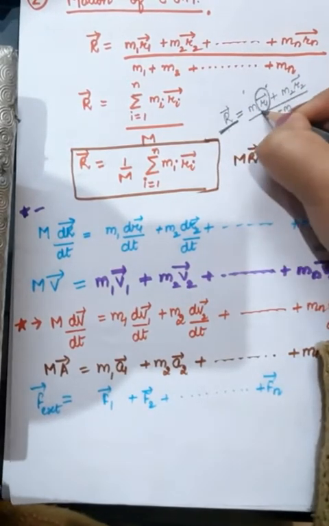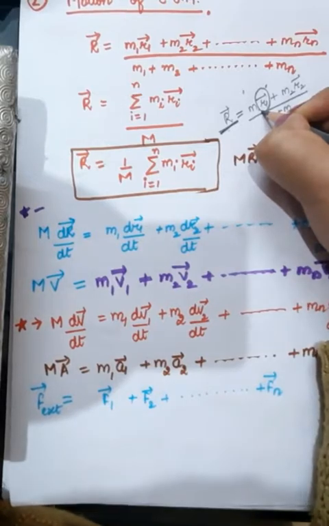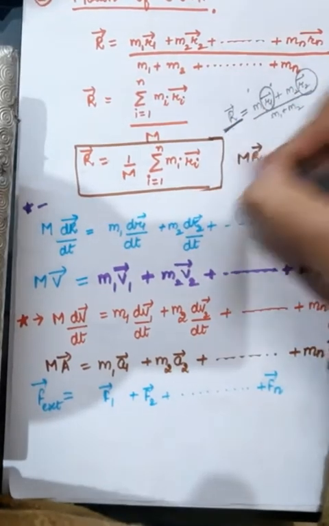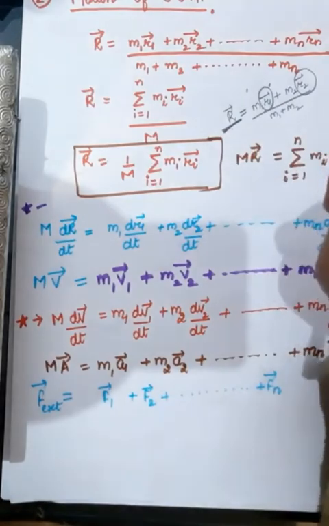This is the vectorial distance of particle A from the origin, and this is the vectorial distance of particle B from the origin. Okay, so this was the case of a two particle system, right?